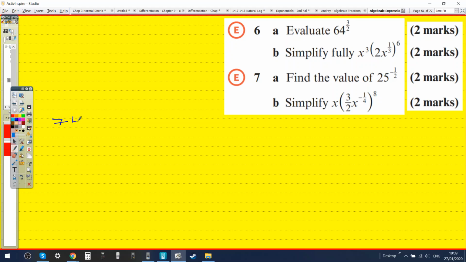So will that be x cubed times 64, 64x squared? 7b?